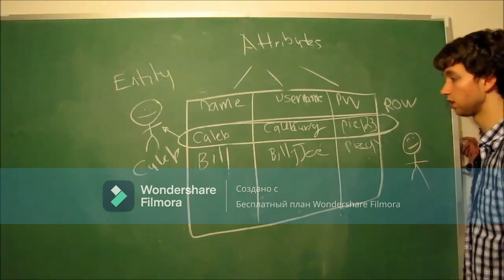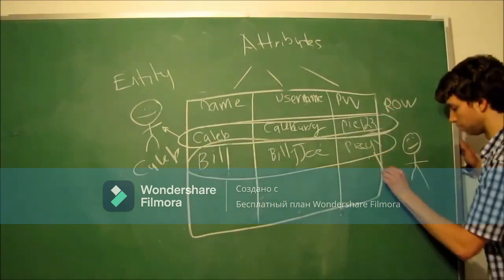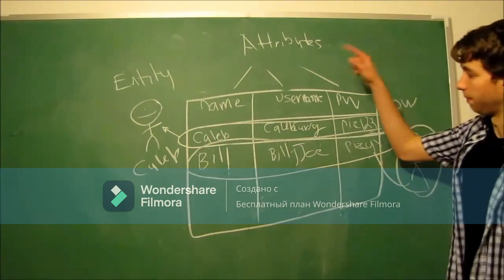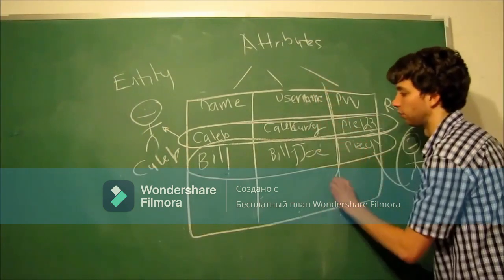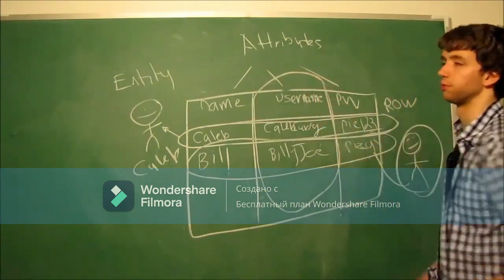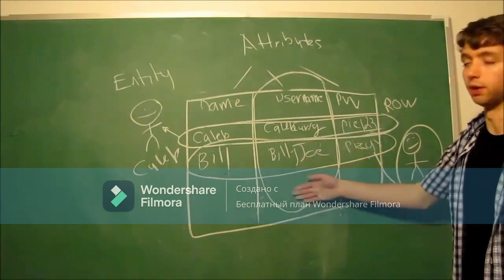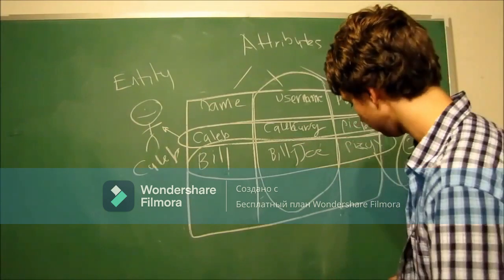See, he's pretty chill. Well, this row is talking about this entity. The username is a column where we have all of the attribute type username. So Caleb Curry, Billy Joe, and whatever more if we put more values into the table.